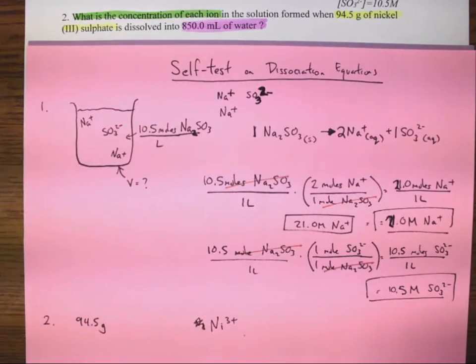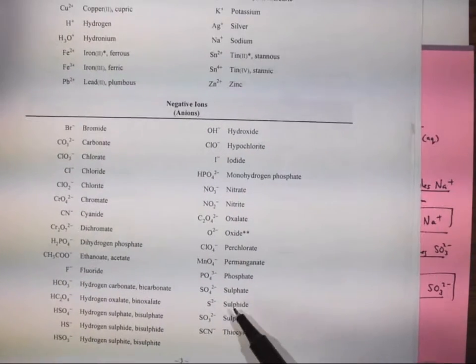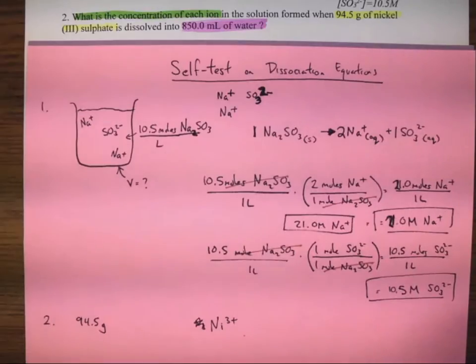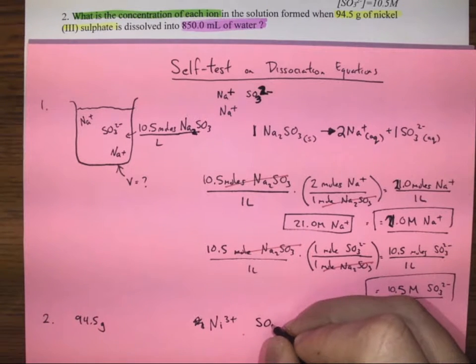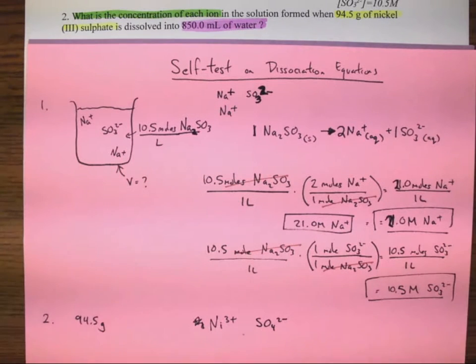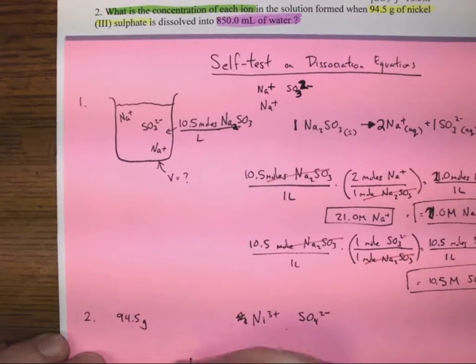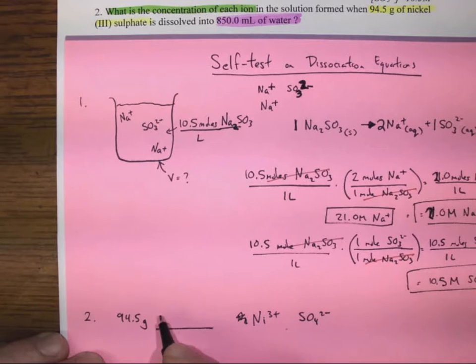Sulfate is on my ion table as SO4 2 minus. I'm going to write my compound here eventually, once I figure out what the ratio of each of these will be to balance the charge.